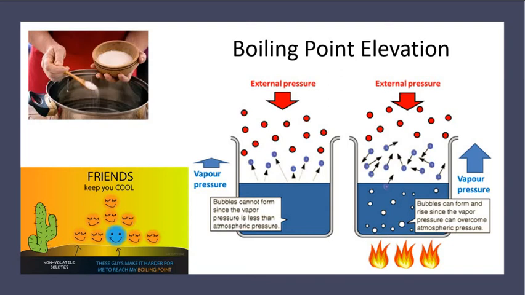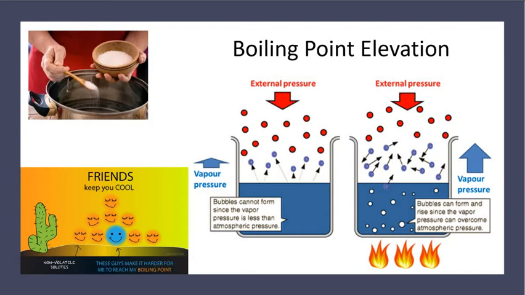So if you put salt or something into water, it will be a higher temperature when it starts to boil. That is why oftentimes people put salt into the water when they're going to cook pasta. It makes the pasta cook faster because the boiling water will actually be hotter.